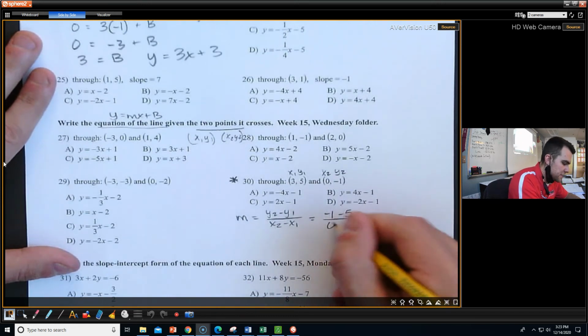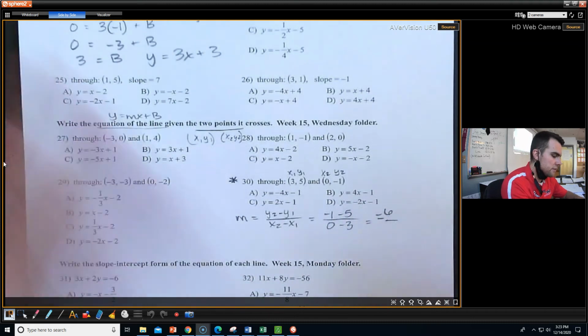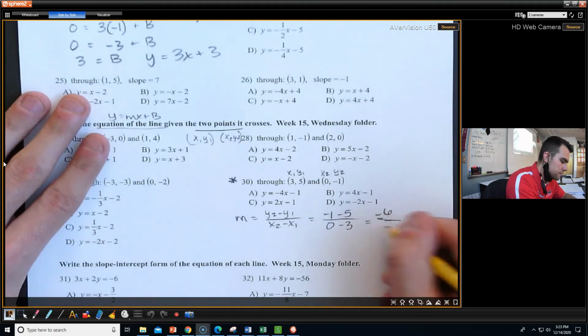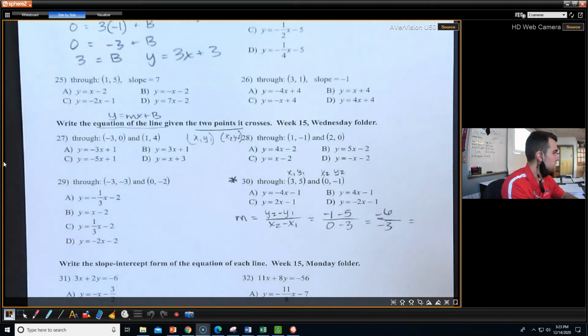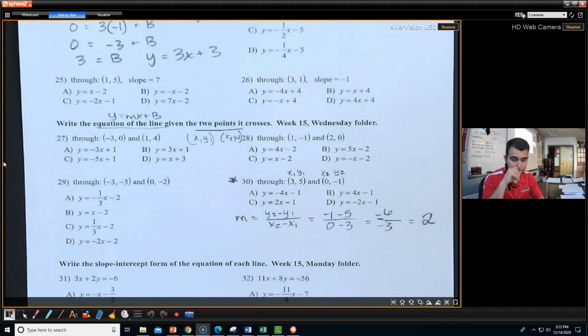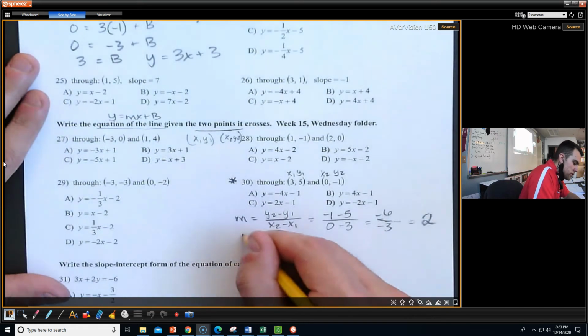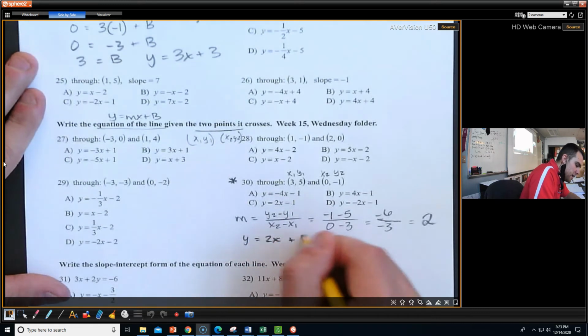On the bottom, I'm getting 0 minus 3. So I get negative 6 over negative 3, and negative 6 divided by negative 3 gives me a positive 2. That's my slope right off the bat. So that means so far my equation is y equals 2x plus b.